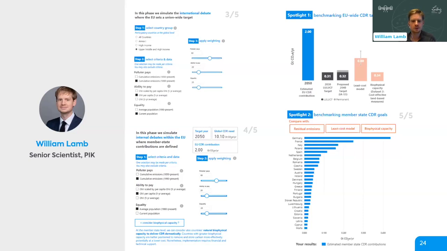I think it also allows for more diverse options and more different global portfolios of CDR. So different countries might have different types of CDR that they could implement. And we should also recognize that there can be co-benefits of implementing certain types of CDR.